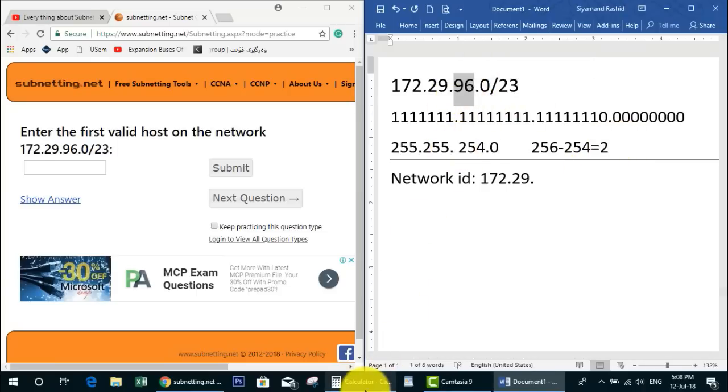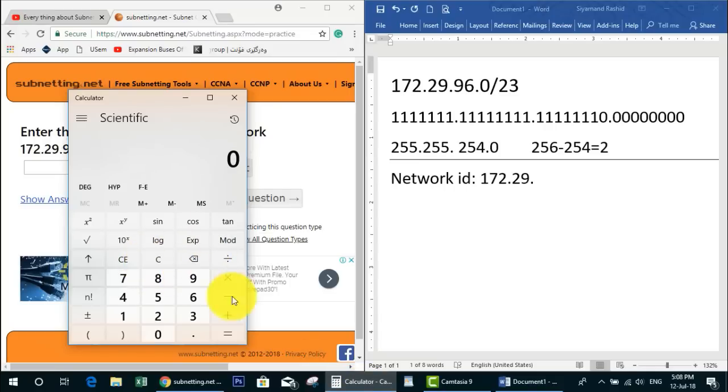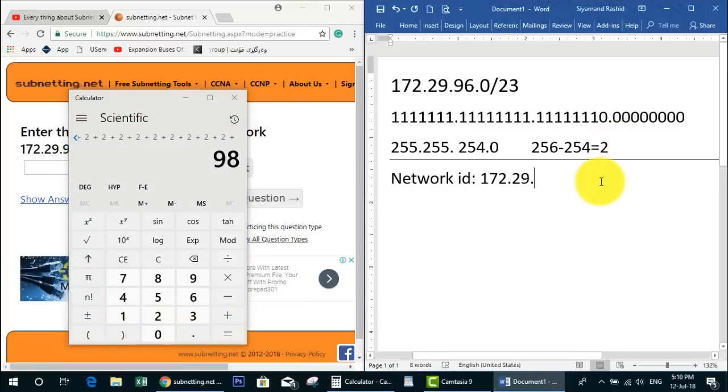Let's get back our calculator, our friend calculator. 2 plus 2 plus 2, up to 90, 94, 96 plus 2, 98. So 98 is the magic number.